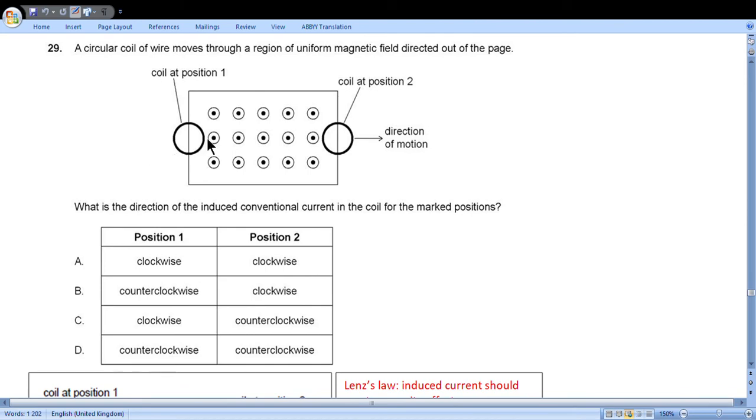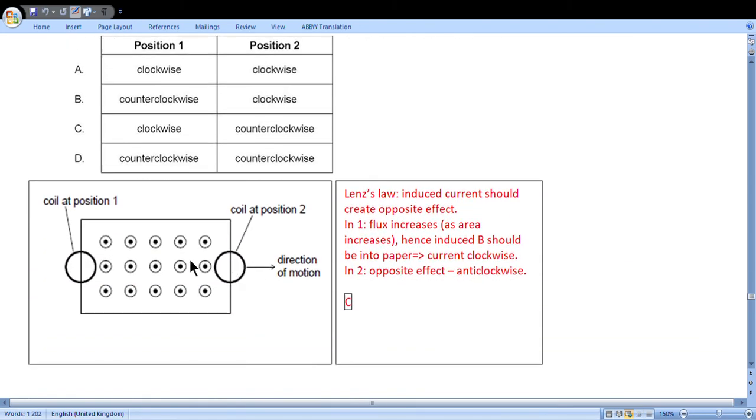This magnetic field is created if the current is clockwise. You can check this by the right hand grip rule. The opposite process happens at coil position 2.